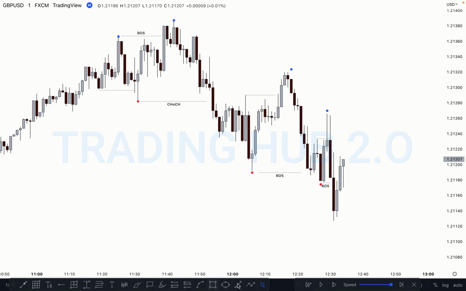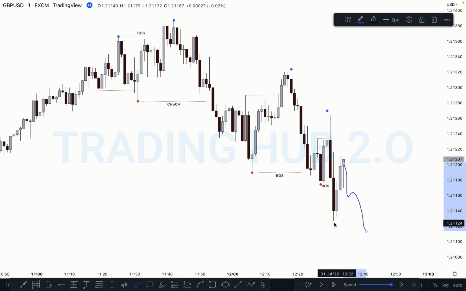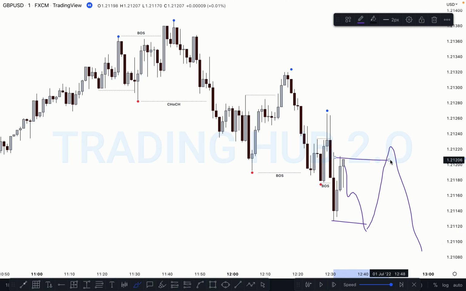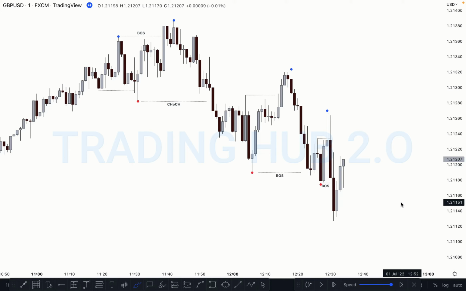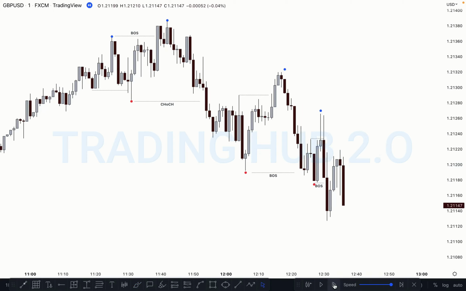So price must take this low, the minor structure, and then go higher, something like this, or maybe the market sweeps this high and pushes downside, okay? So both scenarios are valid, so I would like to wait for it. Let's see.